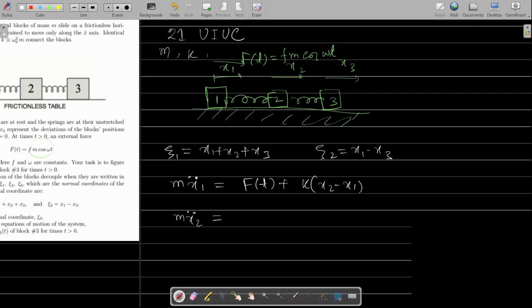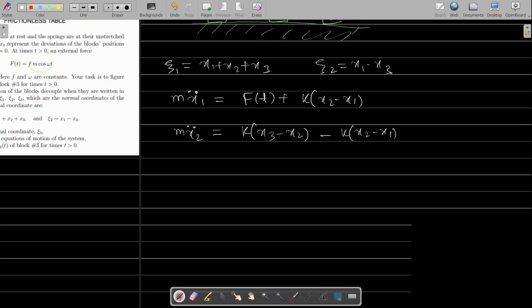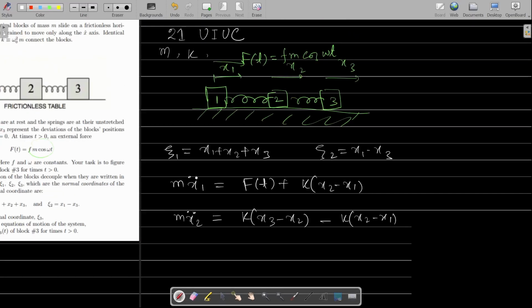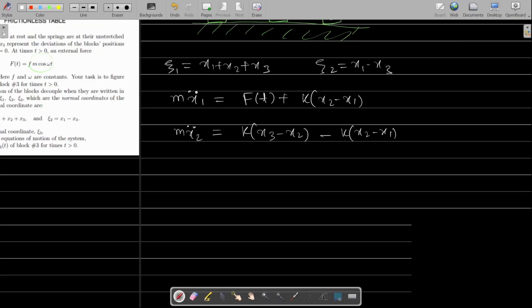On the right we have x3 minus x2, and on the left it's given by this. For mass 3, there's only one force acting on it, towards the left, and hence given by this expression, x3 minus x2, which if we rearrange comes out to be x2 minus x3.